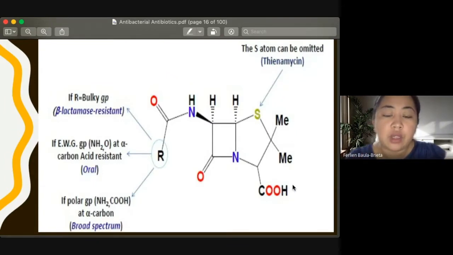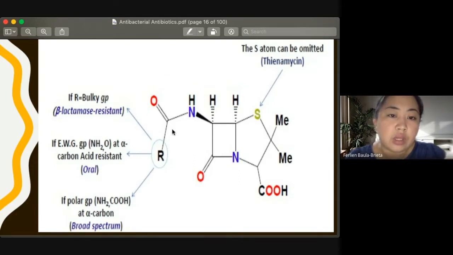And then, as you can remember earlier, acidic substituents will enhance our spectrum of activity. So our carboxylic acid here helps the extension of the spectrum of activity. Then we move forward here with the N. It is a polar ionizable group that also allows extension of the spectrum of activity.